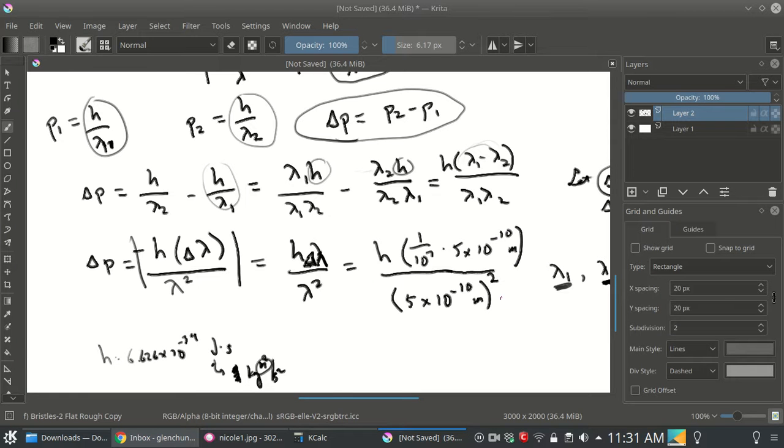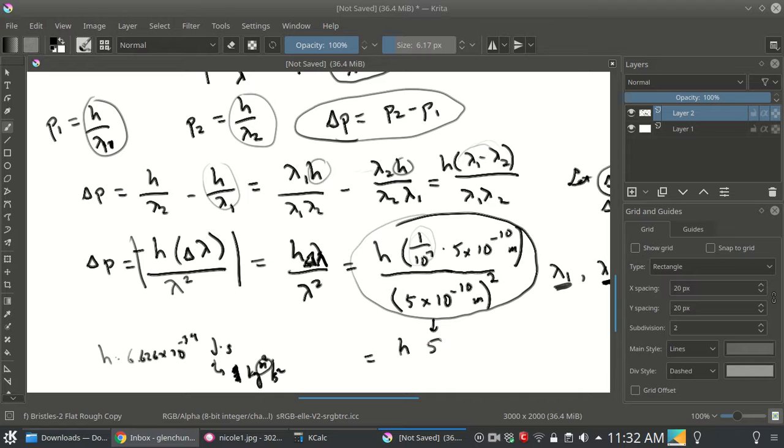Okay. So this right here equals h times, okay, now this here is going to be 10 to the minus 7th times this 10 to the minus 10th. So it's going to be a total of 10 to the minus 17, right?